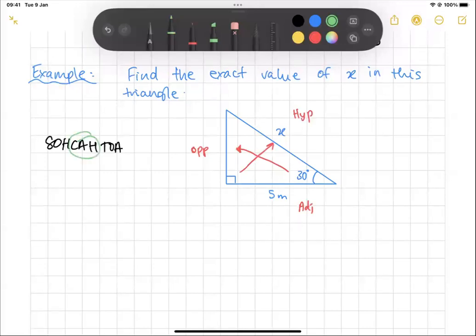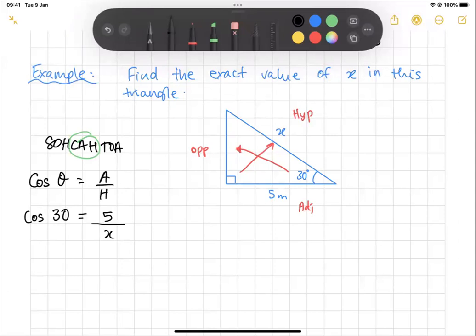Therefore, I need to use cos. So cos theta equals A over H. Let's substitute now. My angle gives cos 30 equal to my adjacent, which is 5, over x.